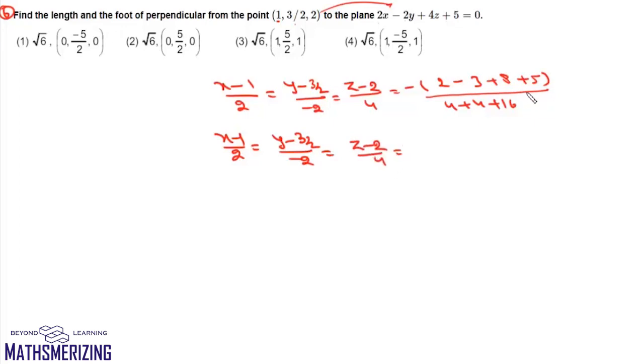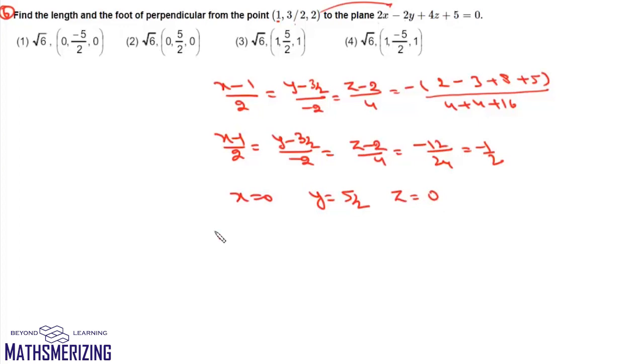Now here it will be 10 and 15. 15 minus 3, 12. So it will be minus 12, and here it will be 24. So it will be simply minus 1 by 2. So if we compare x, we'll get x as 0. We'll get y as, so it will be plus 1 and 3 by 2. So it will be simply 5 by 2, and z again will be 0.